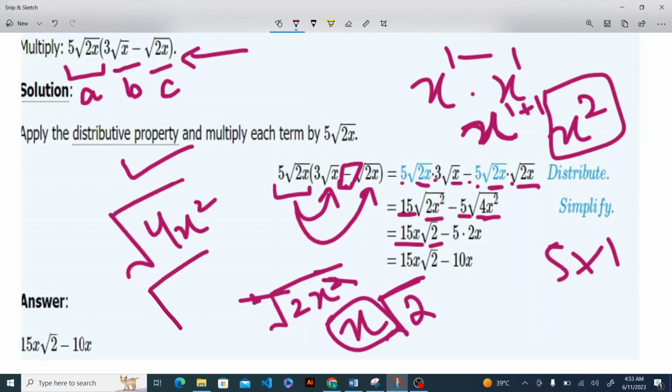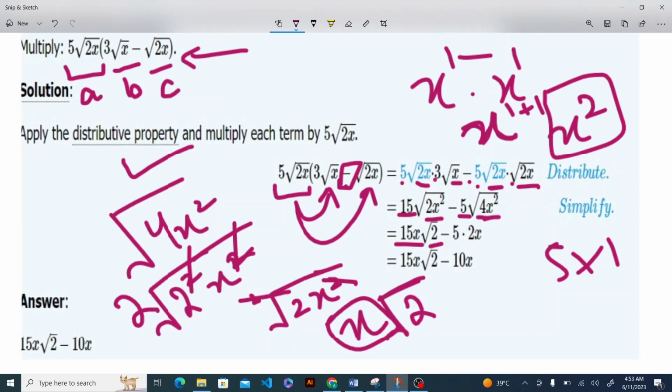See, now 4 can be represented as 2 square, okay, and x square. So all those values under the square root which are in the form of a square will come out of the radical. This will be cancelled out with this, and this will be cancelled out with this, and the value remaining will be 2x.